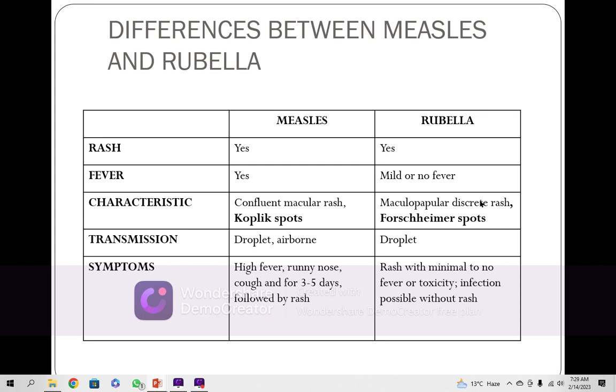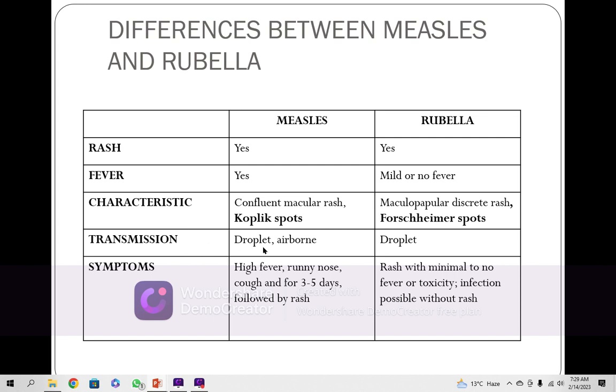Here, in rubella, it is a maculopapular discrete rash starting on the face and then spreading to the neck and head, and the body will be involved. The Forchheimer spots are non-specific, although they are very prominent.